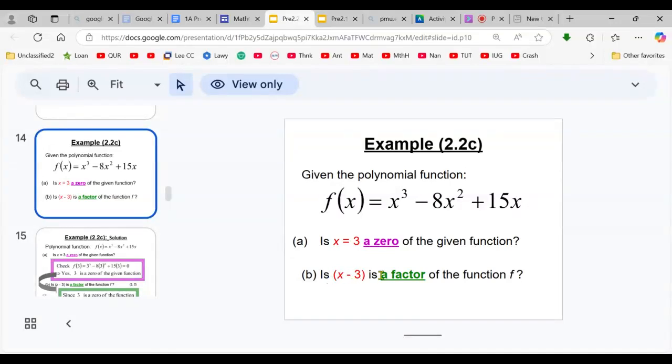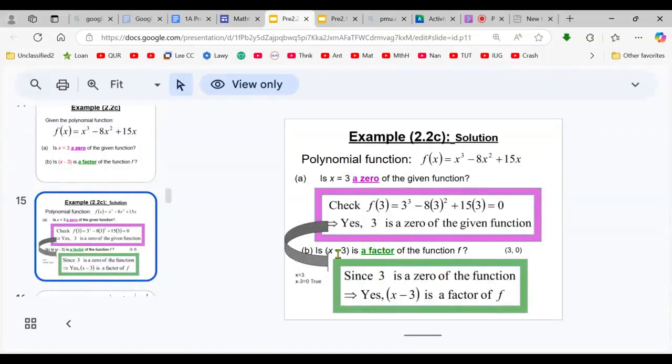What about x minus 3 is a factor of the function? Let's try. x minus 3 means x equals 3. If you put 3 into this function, it will give you 0. So yes, it's a factor, not a function. It's a factor of the function.